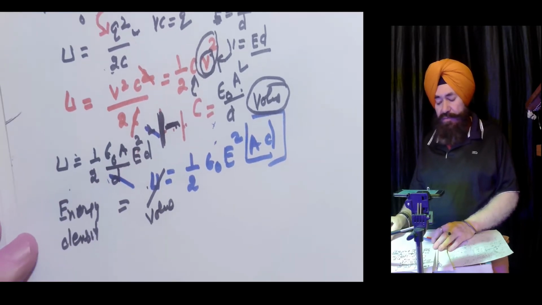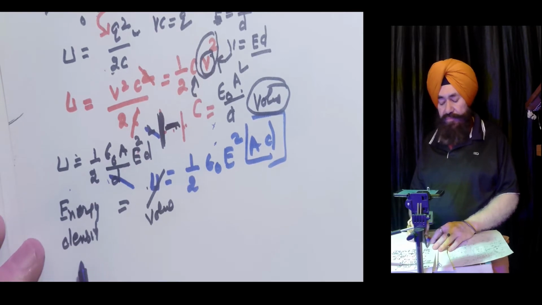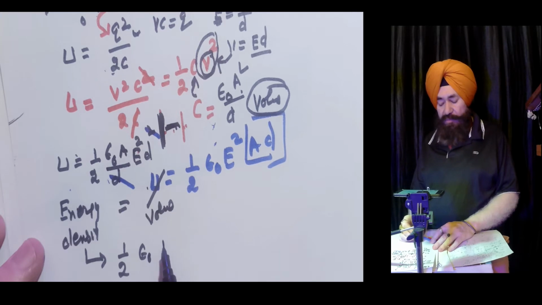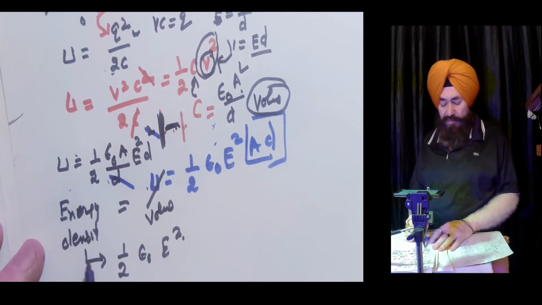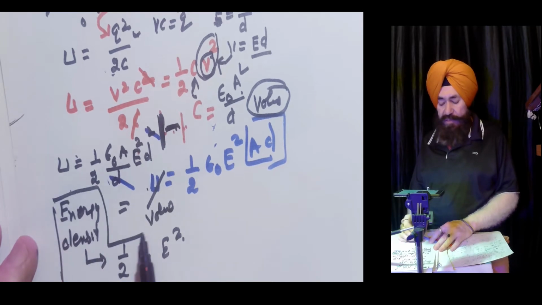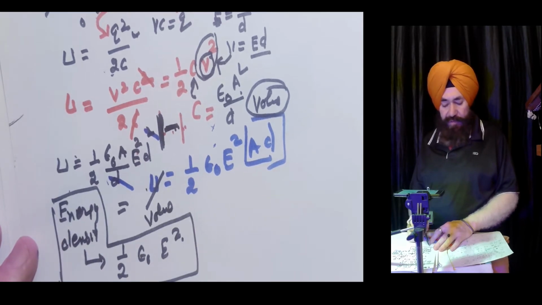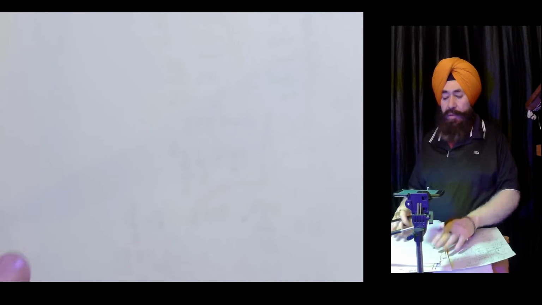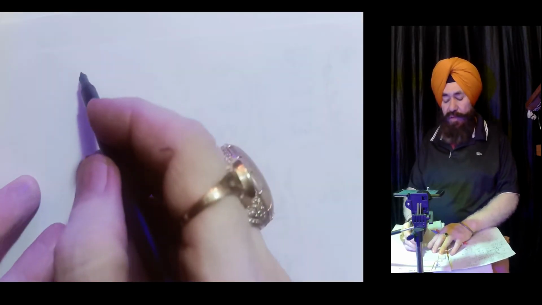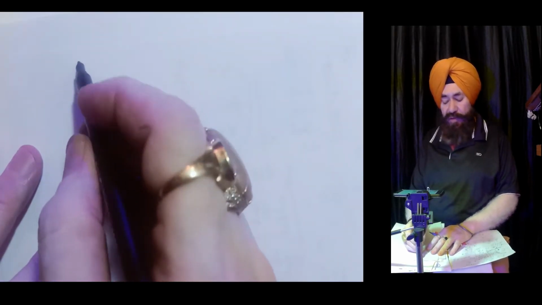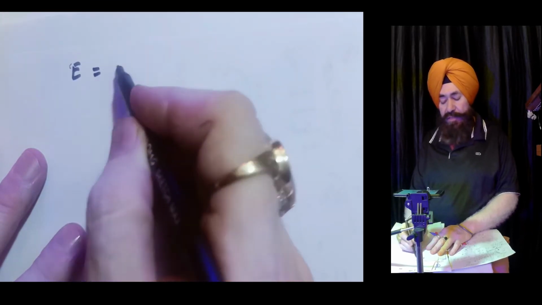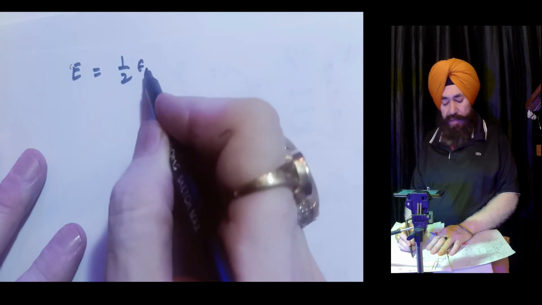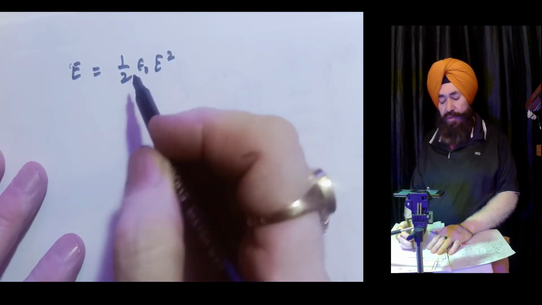So energy density becomes half epsilon naught E square. So this is a very, very important relation for the energy density. Now remember the formula of the energy density of the electric field: energy density is half epsilon naught E square.